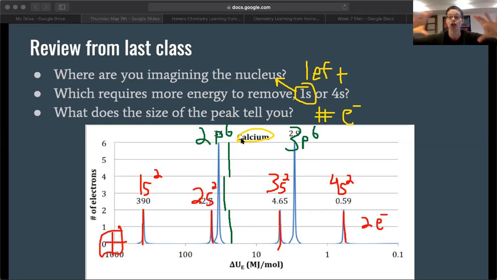Normally this first chunk, the 1s, 2s, 2p, 3s, 3p, 4s, is enough to get you going. And if you imagine those peaks as electrons, it does start getting easier to do this.